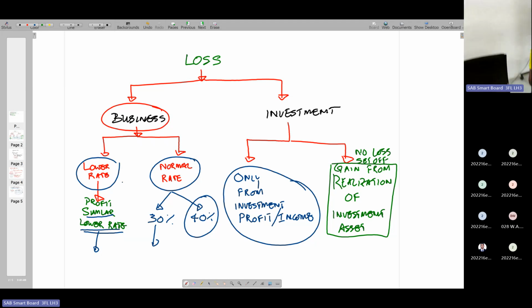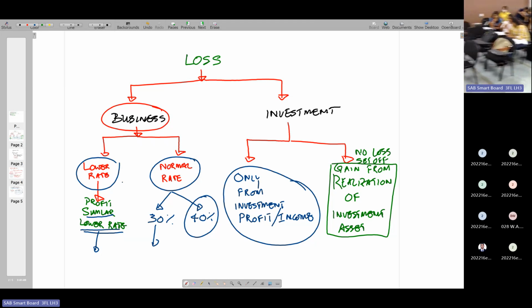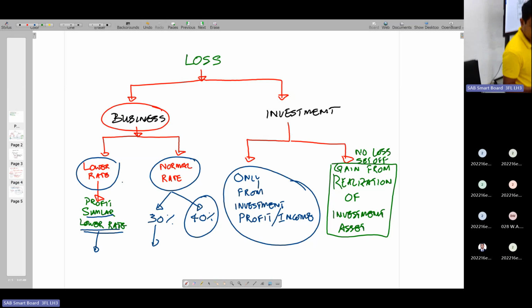Correct. Sorry? That means the tax rate for the particular profit.